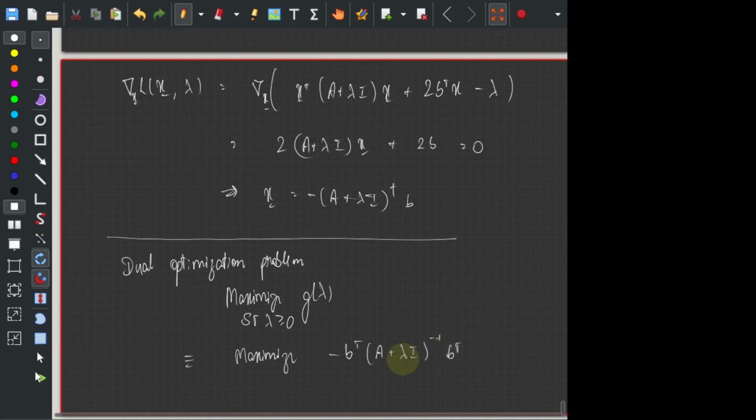Lambda greater than or equal to 0 implies A plus lambda I will also be PSD? No, it's not sufficient, right? Maximize the negative of B transpose (A plus lambda I) inverse B minus lambda, subject to lambda greater than or equal to 0 and A plus lambda I is positive semi-definite.